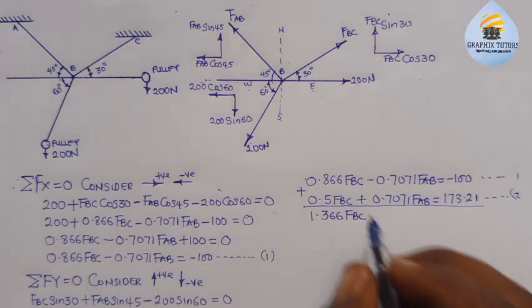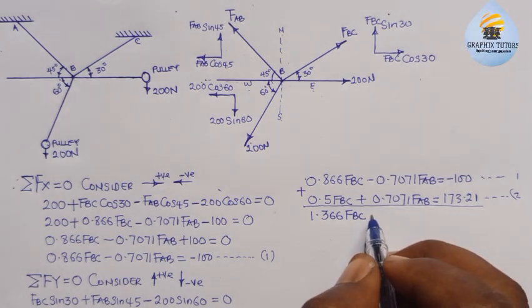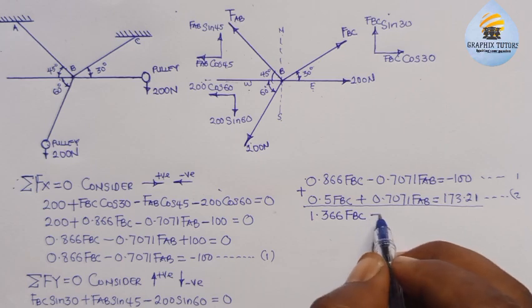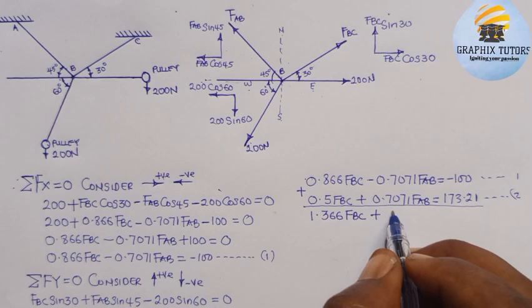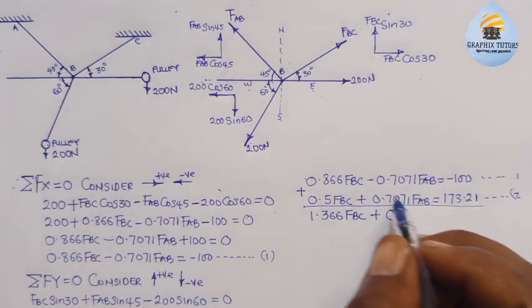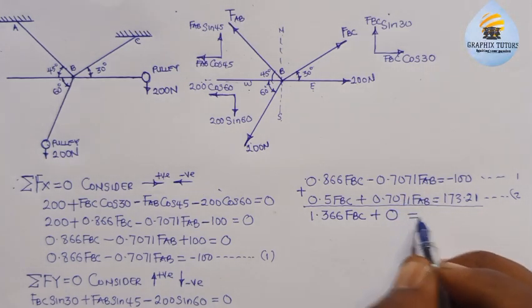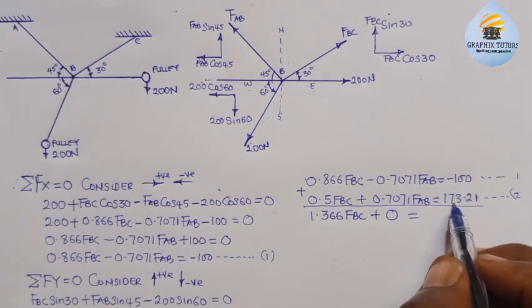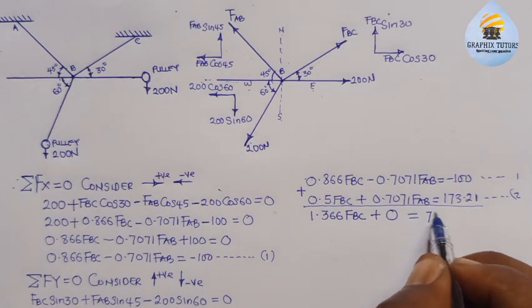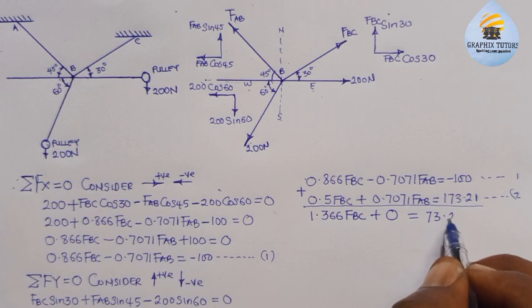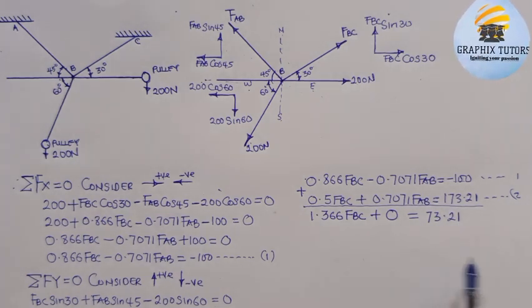Plus this minus this is all giving us 0, because this will equate this. Equals to minus 100 plus 173.21, which will give us 73.21, right?